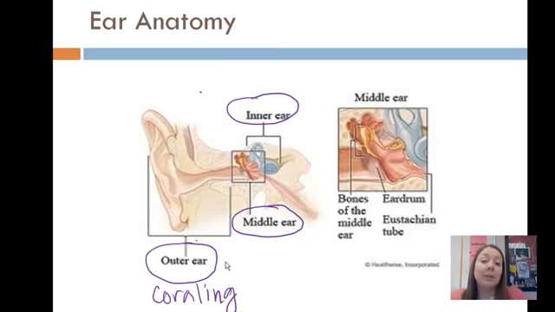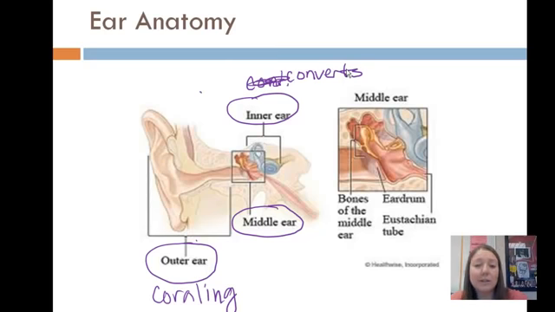And the middle ear is just a middleman for conducting sound between the outer ear and the inner ear. And the inner ear is similar to the retina in how it operates. The inner ear takes those sound waves and actually converts the sound waves into electrical impulses that can then be carried to the brain for interpretation.